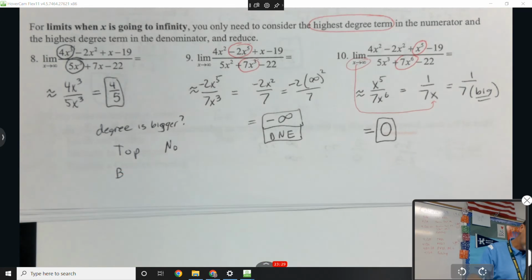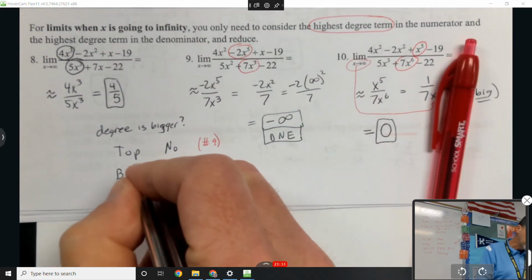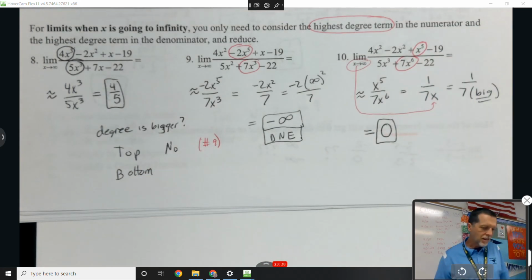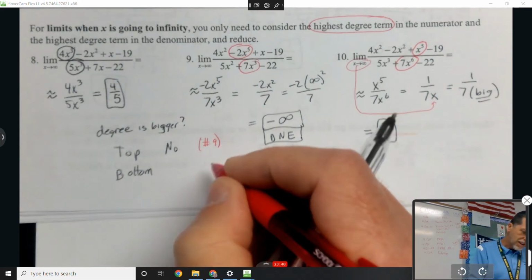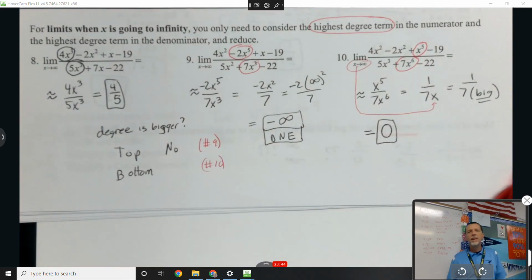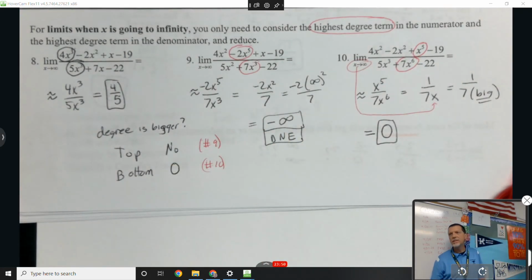That was number 9, just if we need to compare it. If the bottom degree is bigger, which number was that? Number 10. And what was the answer? 0. If the bottom degree is bigger, it's always going to go to 0, because you're always dividing by a really big number.